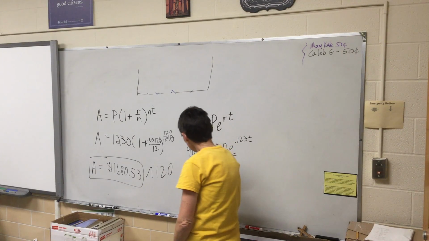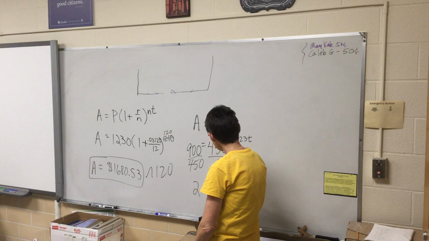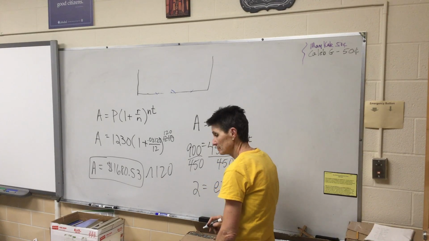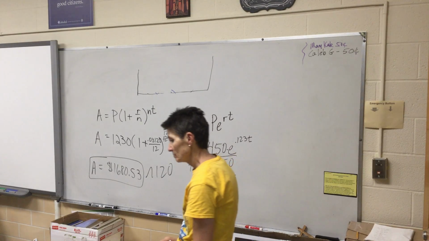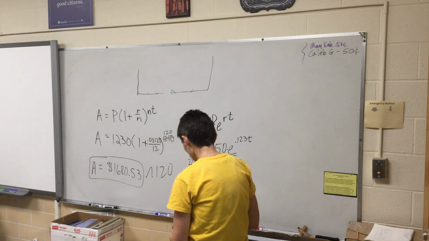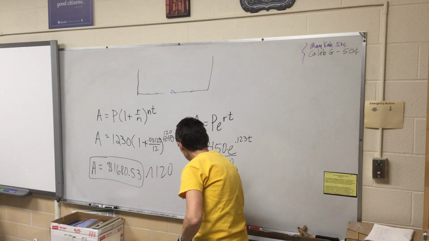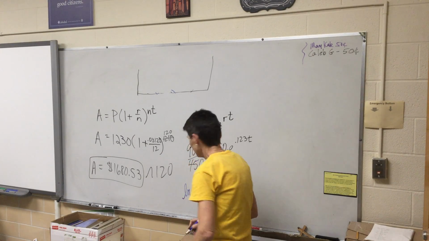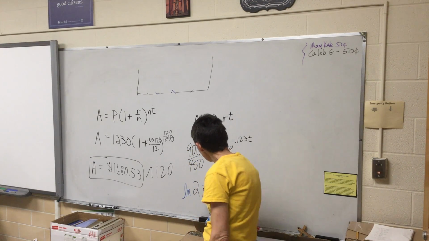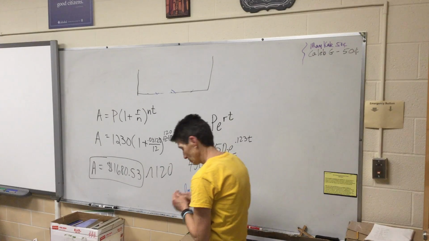And that's going to give me 2 equals e to the 0.123t. Now we're going to ln. That's going to cancel.